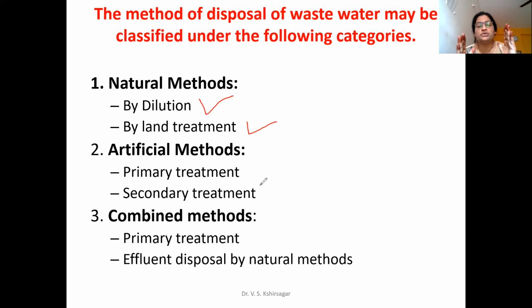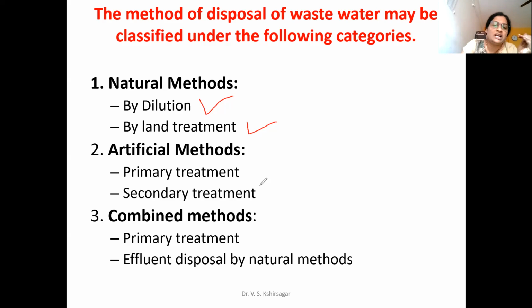There are norms which specify under what conditions disposal is allowed. Those norms we are also going to discuss further. So under the artificial method, you either provide the primary treatment and then dispose, or provide primary and secondary together and then dispose.